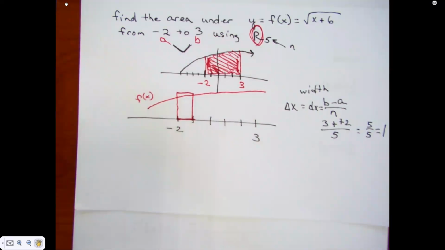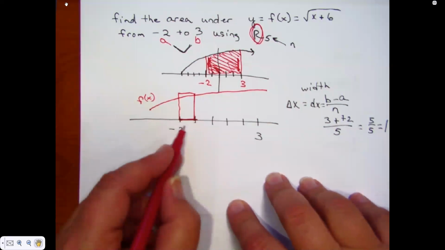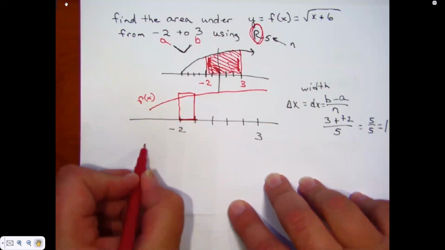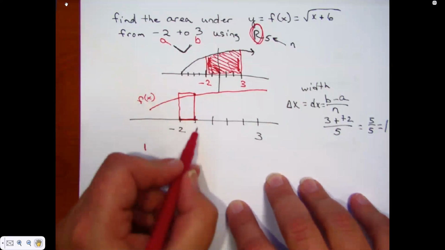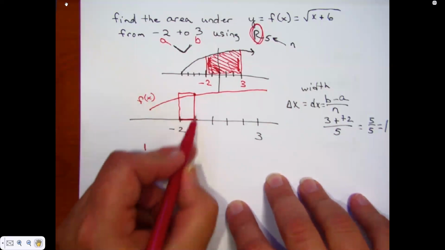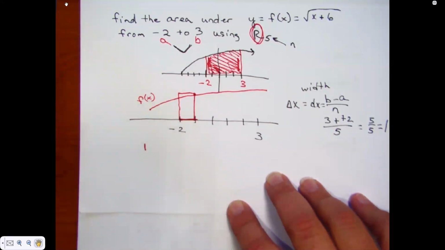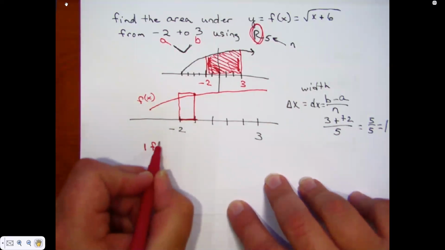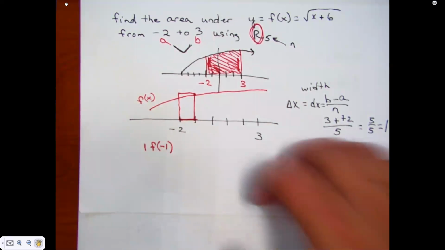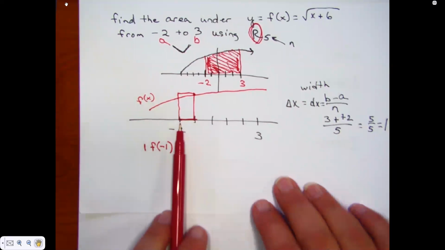And the area of that rectangle would be width, which is 1, times the height. And the height is the y value when x is -1. The y value, which we write as f of -1. I am starting at -2.